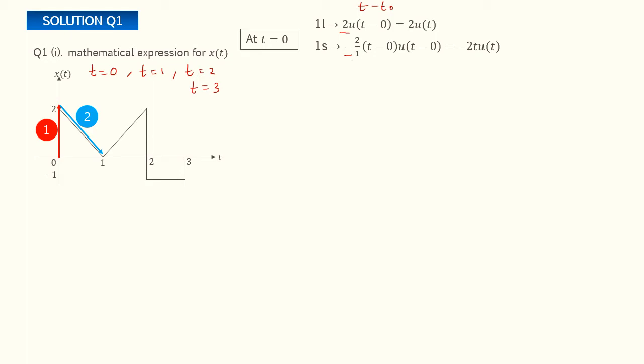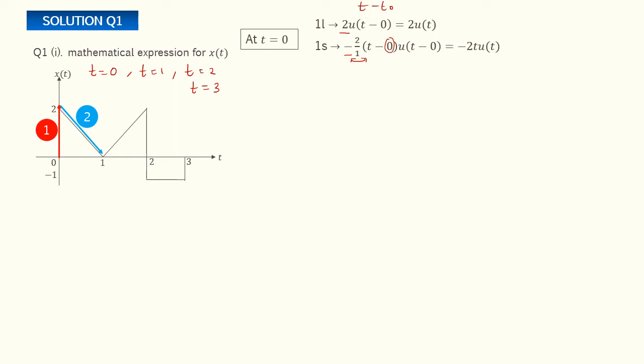And then this is the gradient, y over x, 2 over 1, and then t minus t naught. Your t naught is the position where the line begins. So it's t minus 0, u(t minus 0).